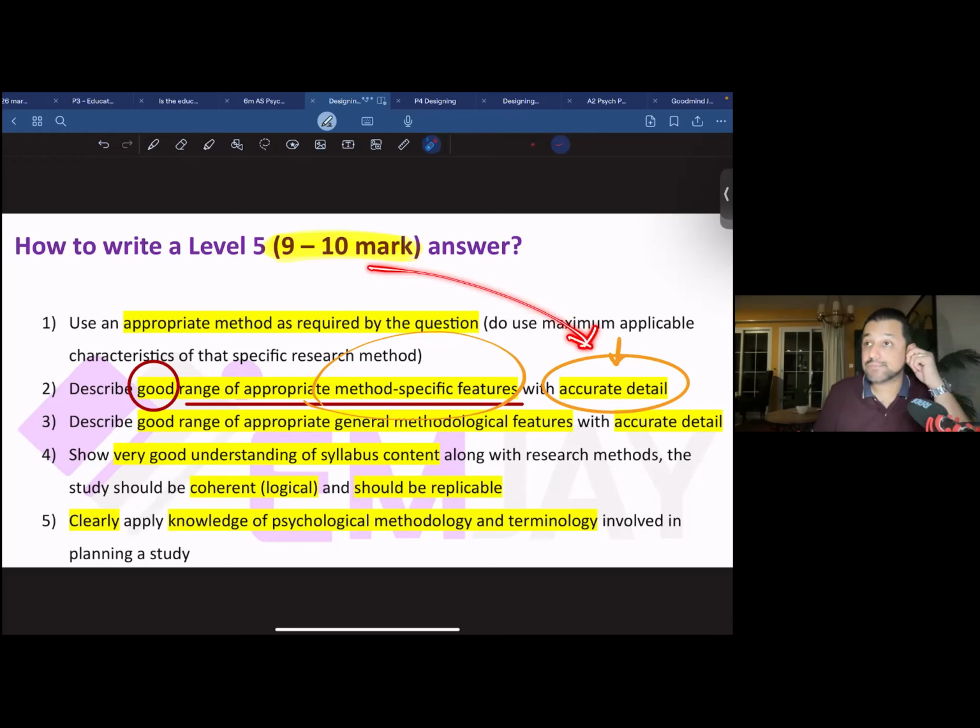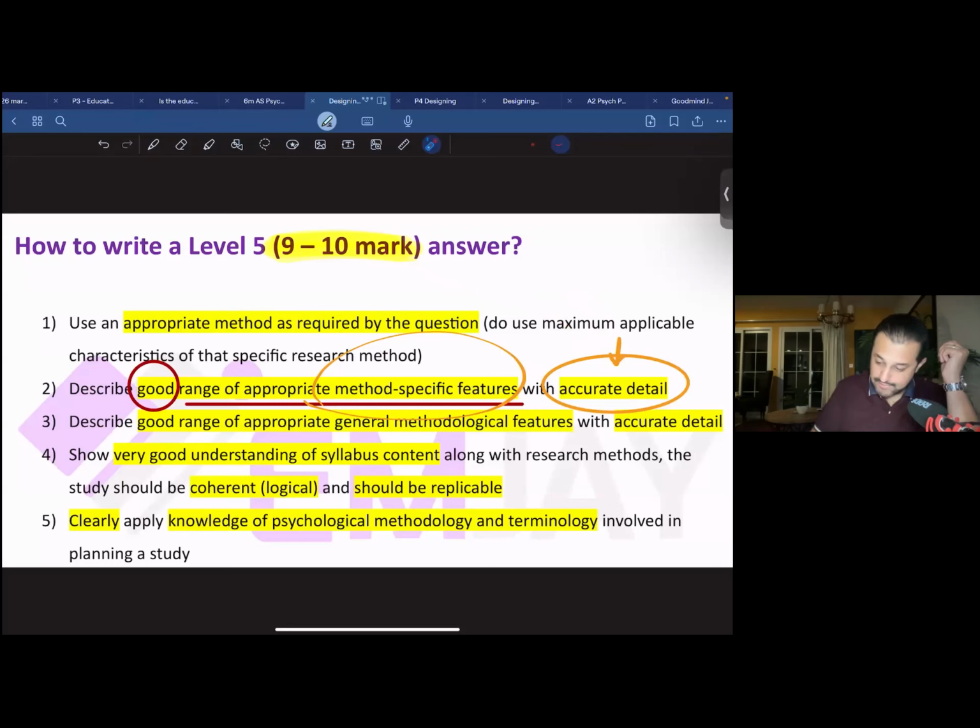What does it mean when the examiner uses the word accurate? I mean, don't make mistakes. Don't expect the examiner to mark you in the top band if you've made any sort of mistake while using those method specific features of that research method.